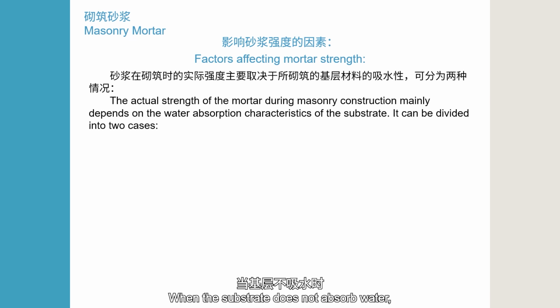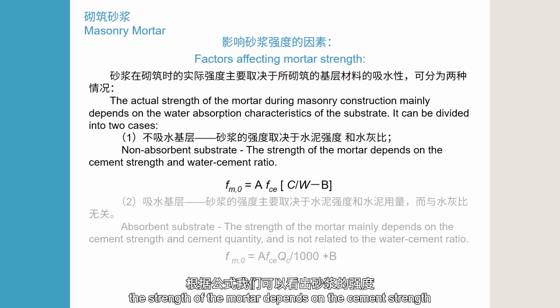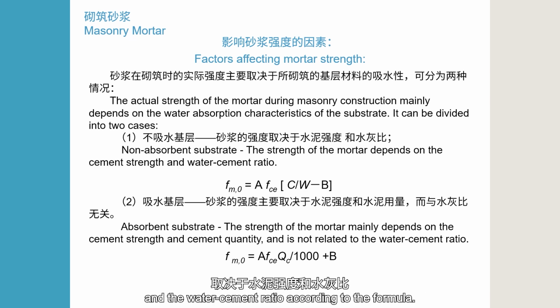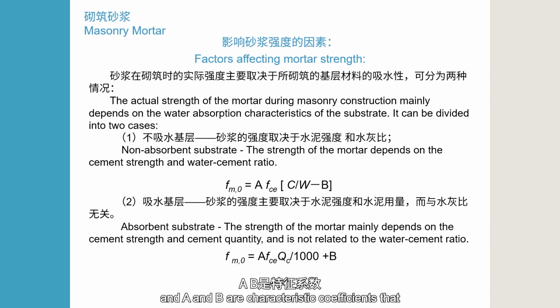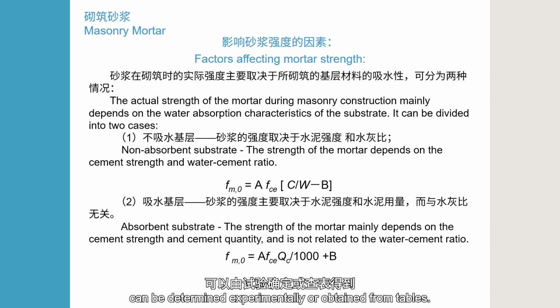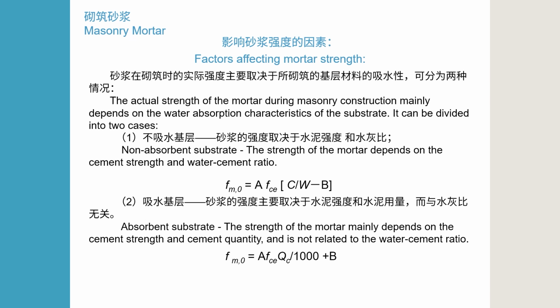When the substrate does not absorb water, the strength of the mortar depends on the cement strength and the water-cement ratio according to the formula. In the formula Fm,0 refers to the compressive strength of mortar at 28 days, and A and B are characteristic coefficients that can be determined experimentally or obtained from tables.